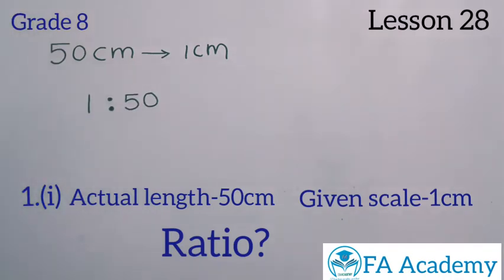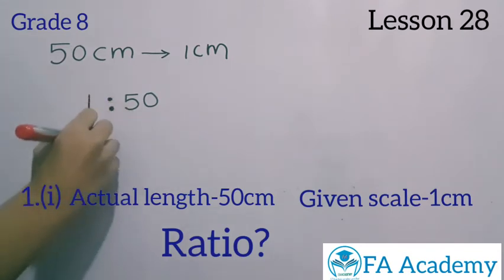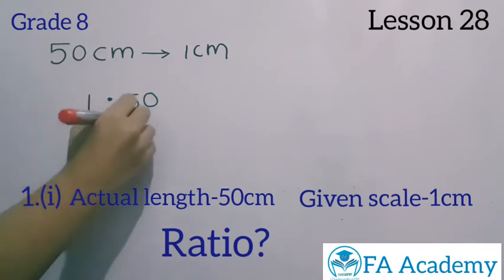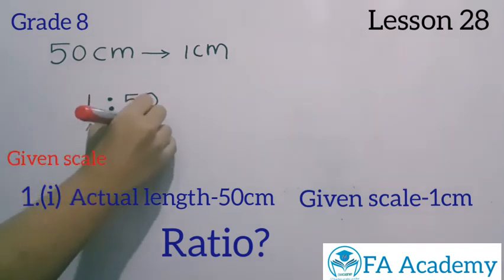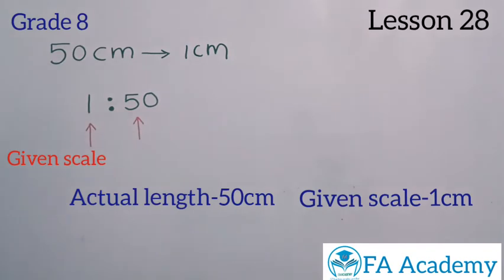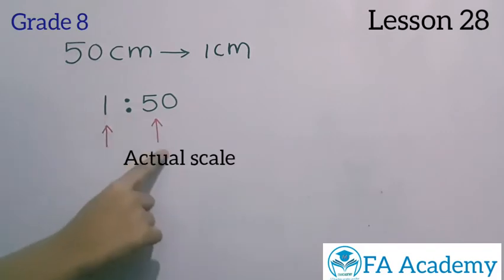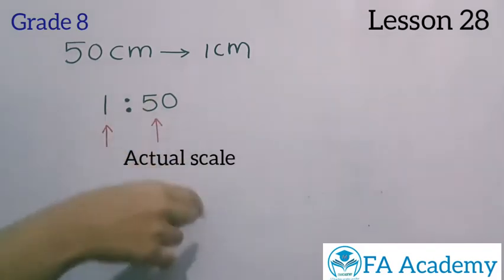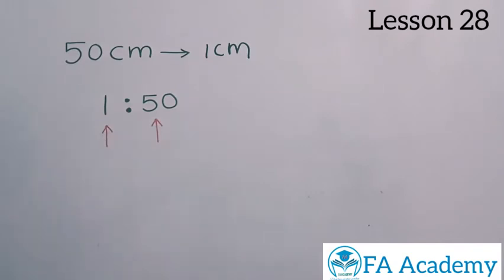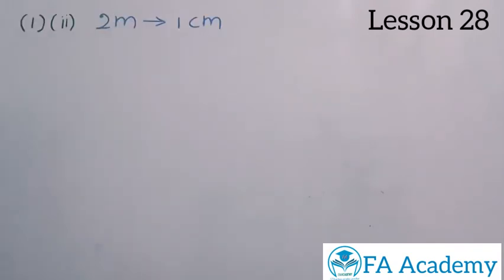So every time remember, this is the given scale, this is the actual scale. Actual scale means what? That's the true measurement. It will be at the back of the ratio. Remember that.